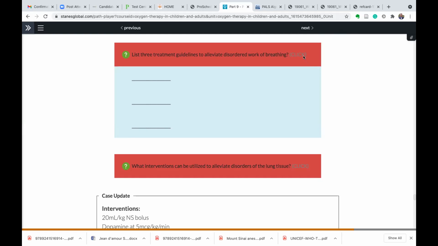So what are the treatments for increased work of breathing? Okay, Emmanuel, you can do positioning and oxygenation, suction. Okay.